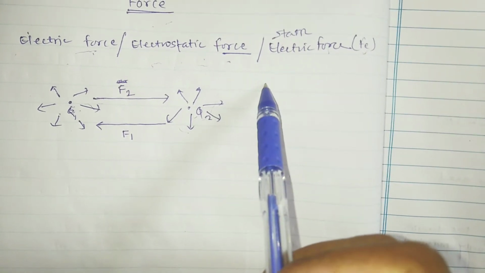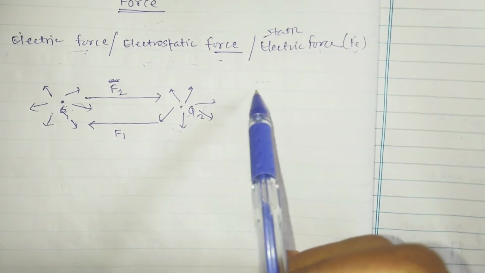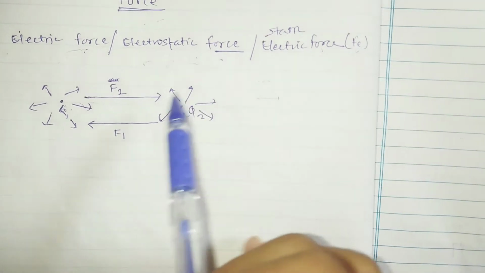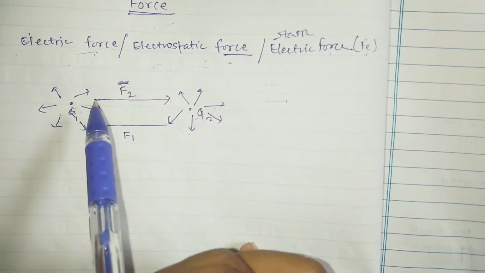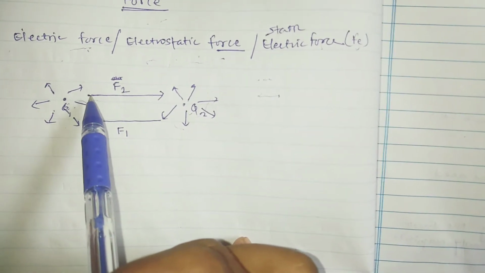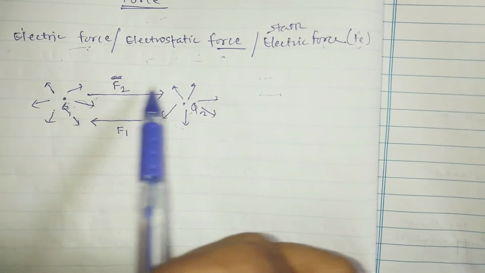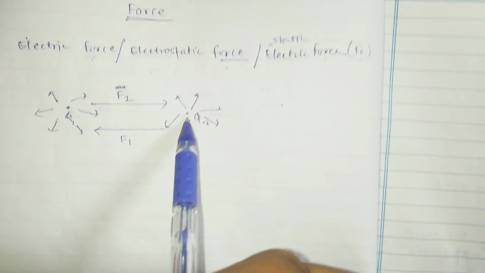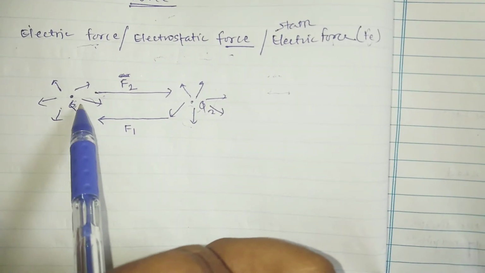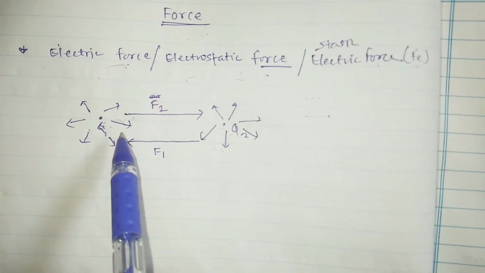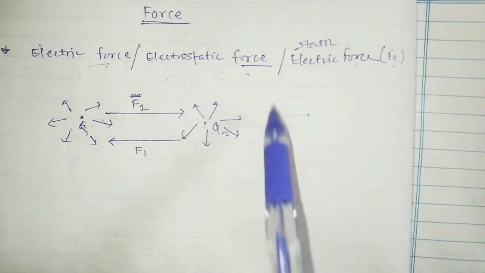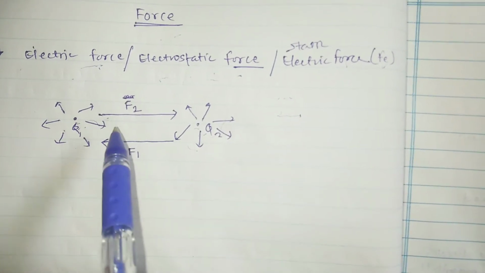As you know, there are two forces, force of repulsion and force of attraction. There is a force acting on q2 also. q1 exerts force on q2, and q2 exerts force on q1 also, right? So this is a force diagram, or the force lines.